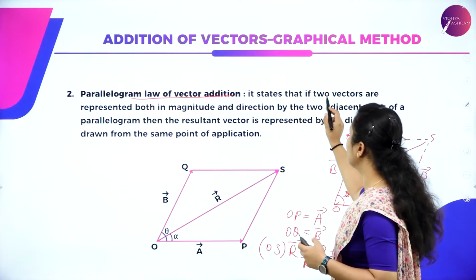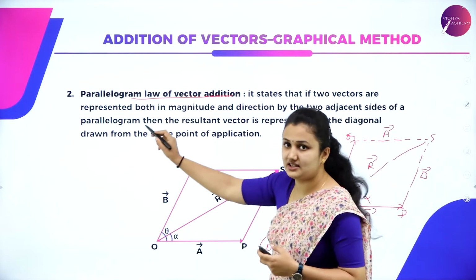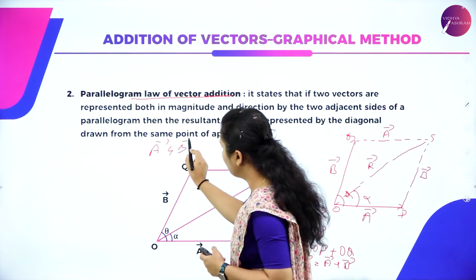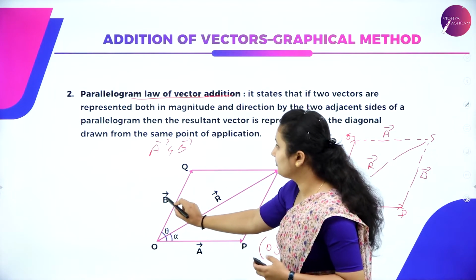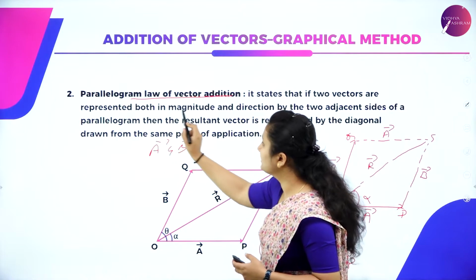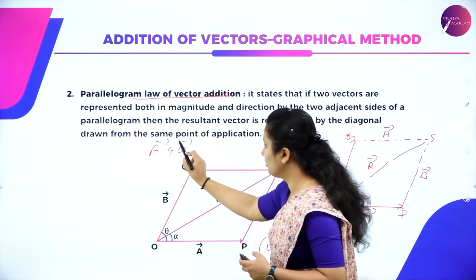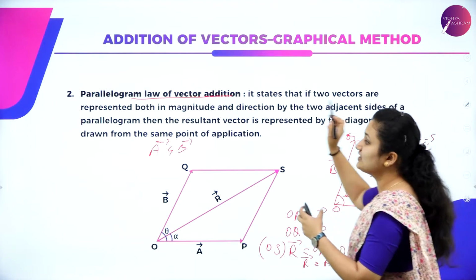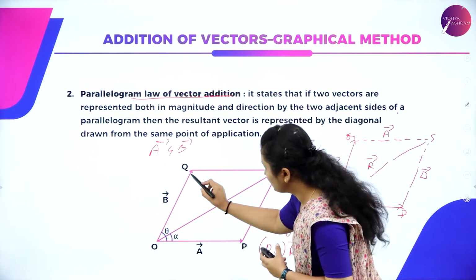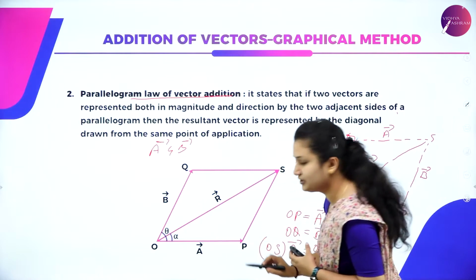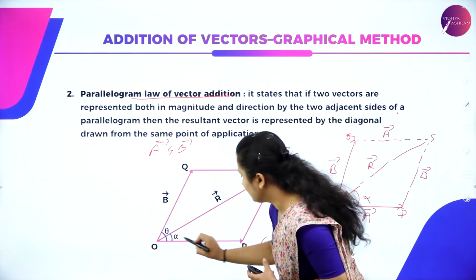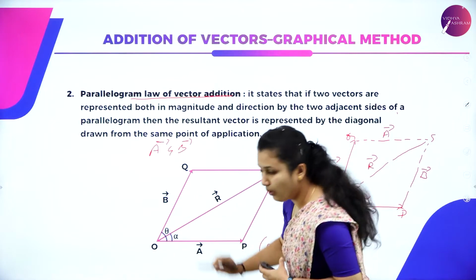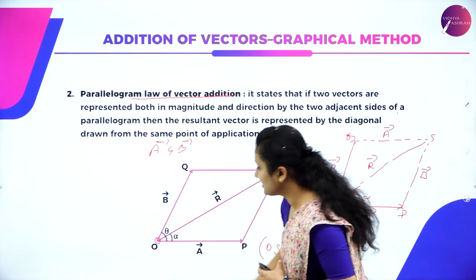So what is the parallelogram law of vector addition? It states that if two vectors, vector A and vector B, are represented both in magnitude and direction by two adjacent sides of the parallelogram, where the tail of the line OP is connected to the tail of the arrow OQ, so this is your adjacent side.